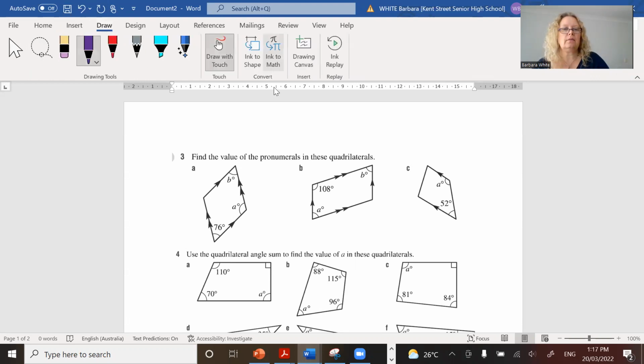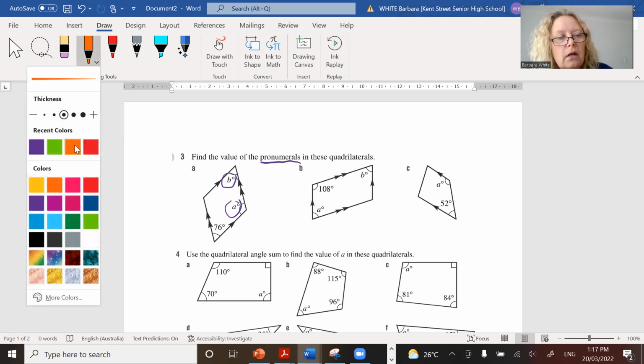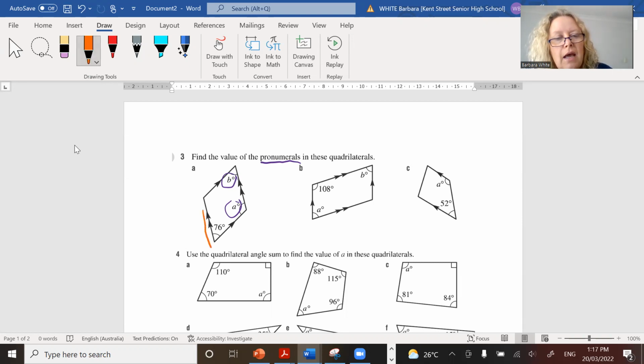Now, question 3 asks you to find the value of the pronumerals in these quadrilaterals. Pronumerals means the letters that represent numbers, like B over here and A over here. Those are pronumerals. And you can work those out because you've learnt about angles and parallel lines. You know that the co-interior angles, the angles inside this section here, as long as these lines are parallel, those co-interior angles add to 180.